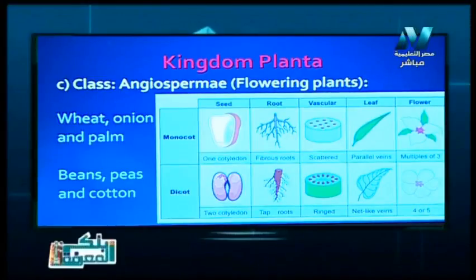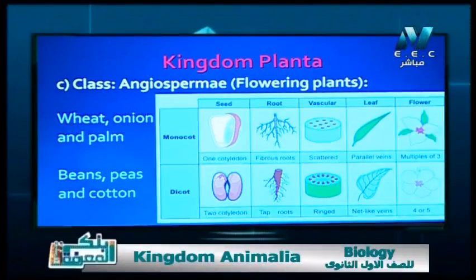Have a look at the seeds. The seed in the monocotyledonous plant is composed of just one part, as you see here. The monocotyledonous plant has seeds composed of one cotyledon, compared with the dicotyledonous plant, which is composed of two identical parts, or two identical cotyledons.